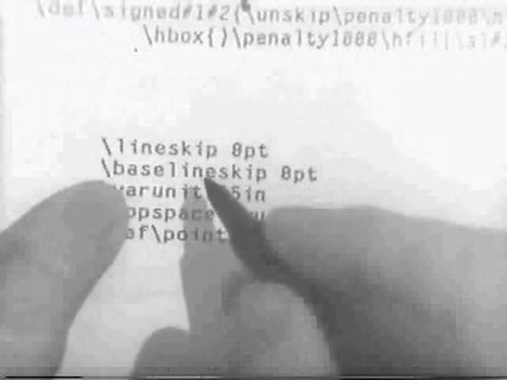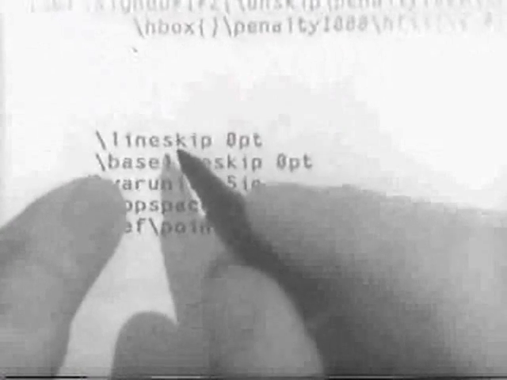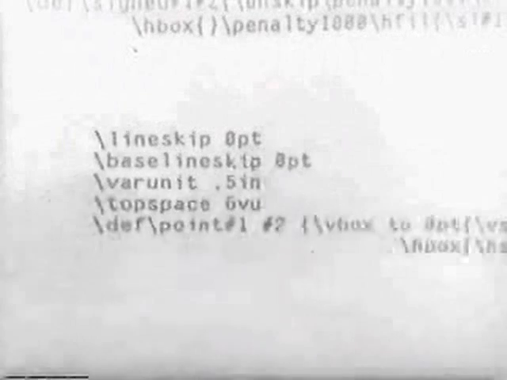Now, problem 4 was this one about points, just specifying points. Okay, the solution that I have here starts out line skip 0, baseline skip 0. This means then that boxes are going to be plastered right next to each other, jammed right next to each other.